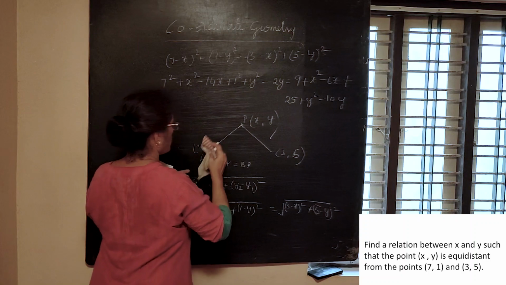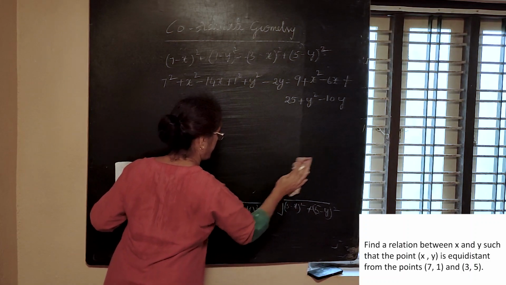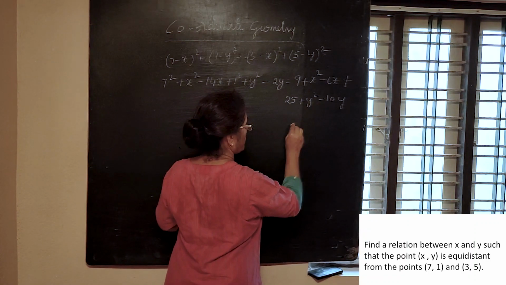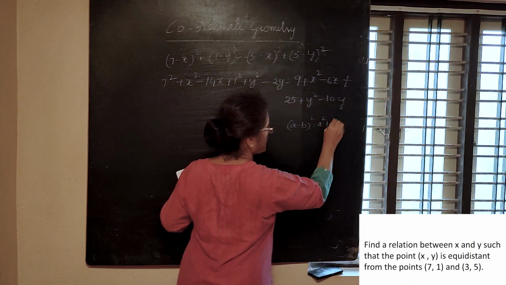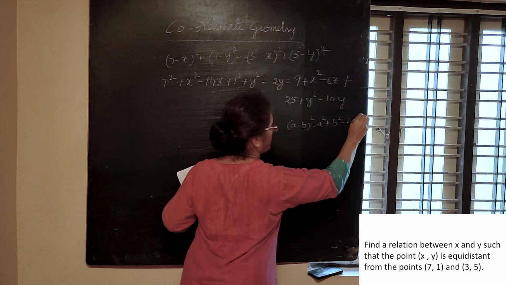What is this we used? We used the identity (a minus b) the whole square is equal to a square plus b square minus 2ab.